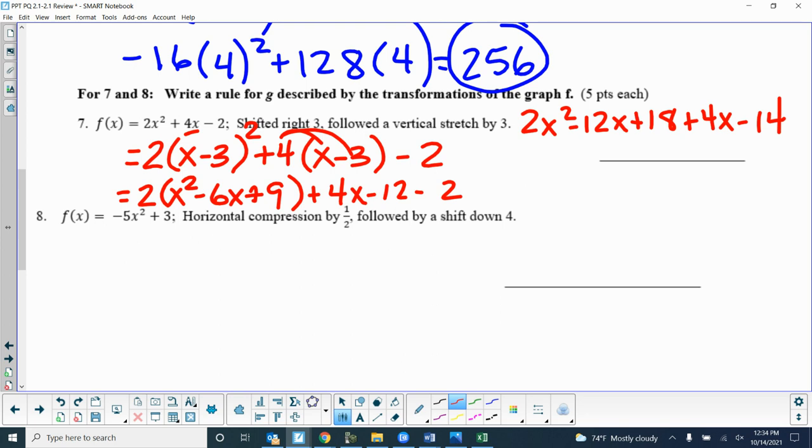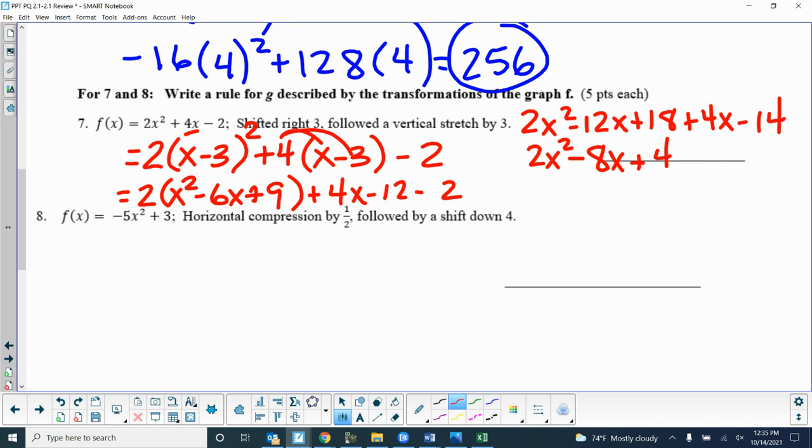All right. Is that simplified yet? No. So let's simplify it. What's negative 12 plus 4? What's 18 minus 14? 4. All right, so that's the shifted right part. Are we finished? No. Why?